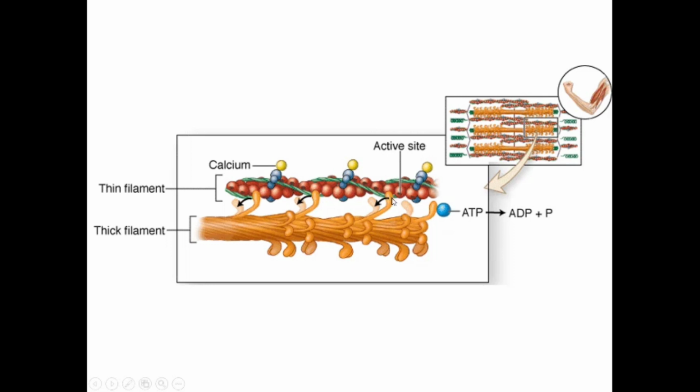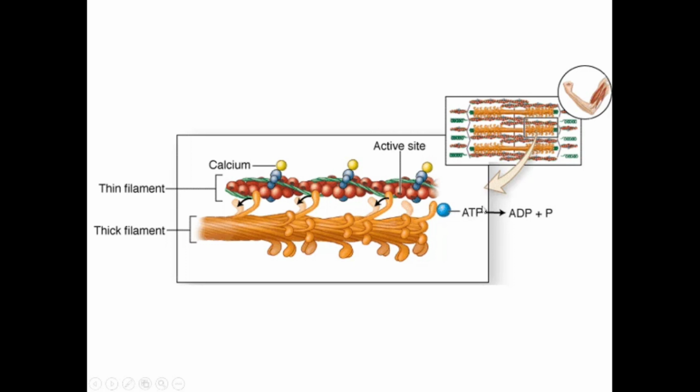After attaching, now we have some conformational change in the head of the myosin. This is called the pivot. This pivot pulls the actin filament toward the M line and causes shortening of the sarcomeres.